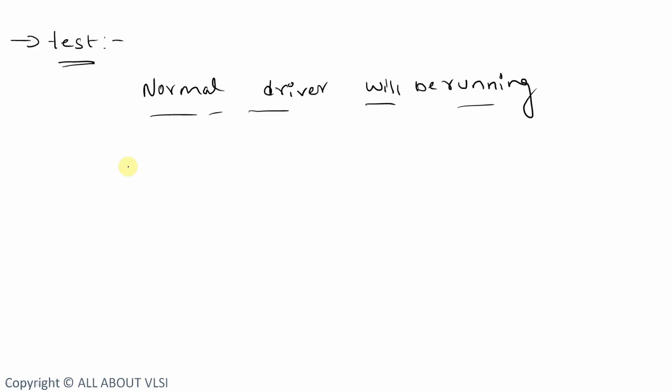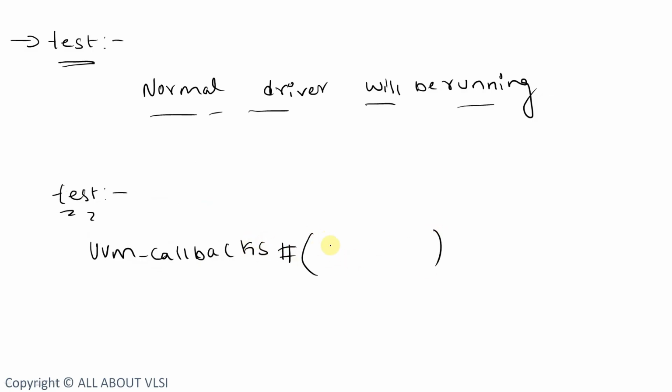In the test class, I am going to use another macro which is known as `uvm_callbacks#`. First of all, where is this hook present? It is present inside the driver. And what is the user defined callback name? That is driver_cb, followed by add. I'm going to add this functionality.